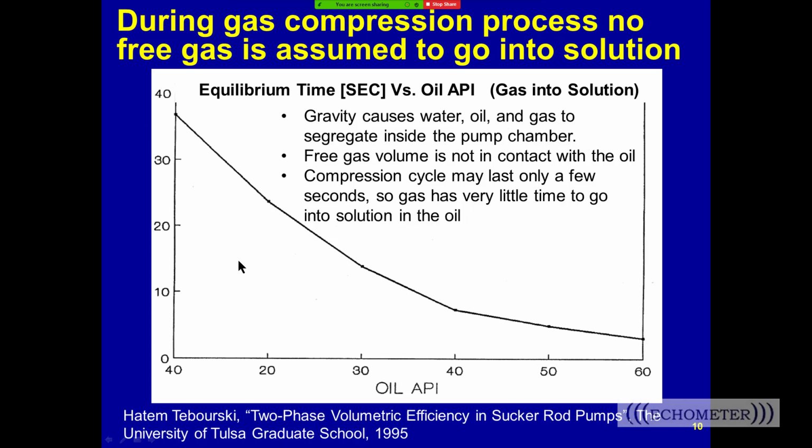If your oil gravity is less, then it takes an even longer time for the gas to go in solution. Now, if the oil gravity is light, then it's pretty quick. But even there, at 60 degree API gravity, it takes at least 4 or 5 seconds for the gas to go in solution if the oil and gas are in contact at the discharge pressure and shaken. So it's unlikely that the gas all goes in solution based on this graph.